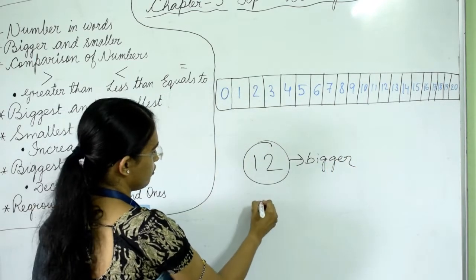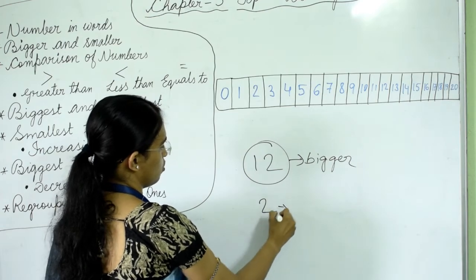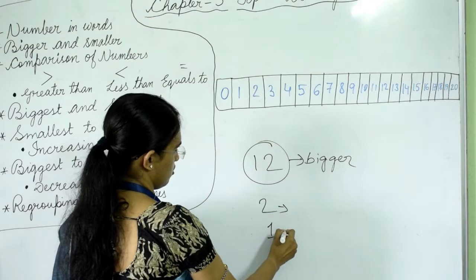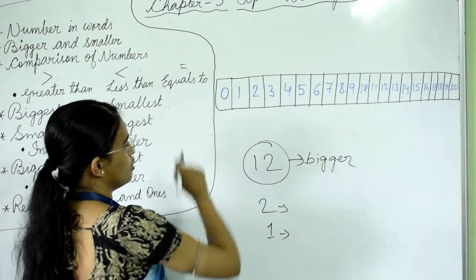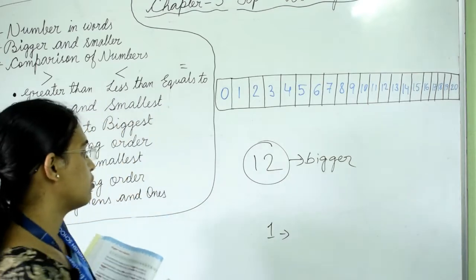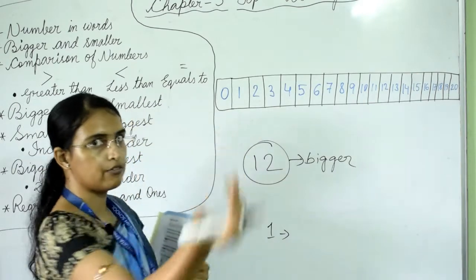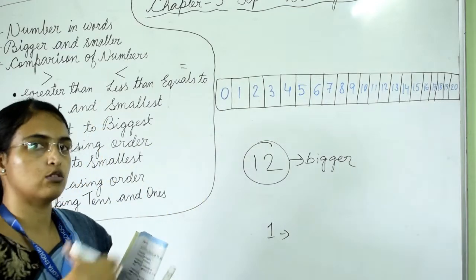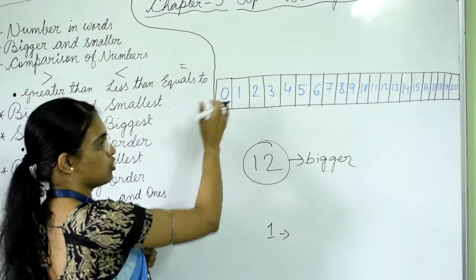And suppose I have given you 2 or 1. Suppose I have given you 1. So is it near to 0 or far away from 0? 1 सामने है, 0 के सामने है, या बहुत दूर है? It is near to 0, right?